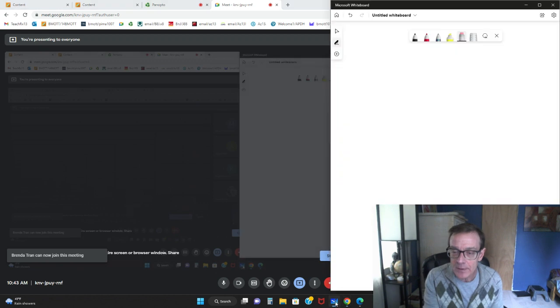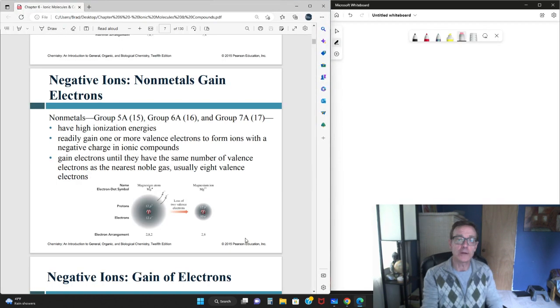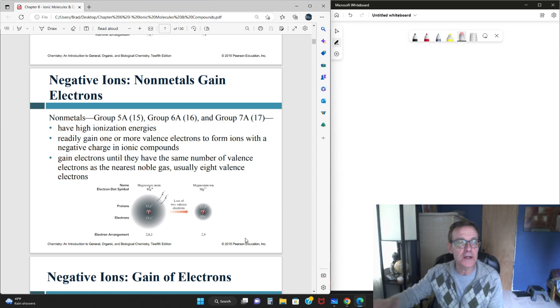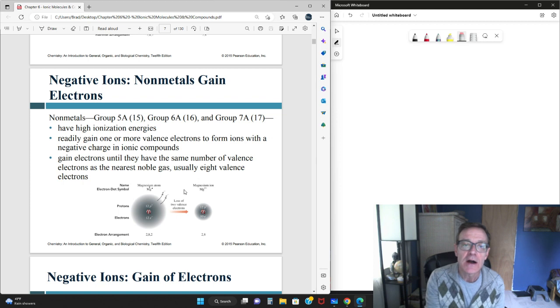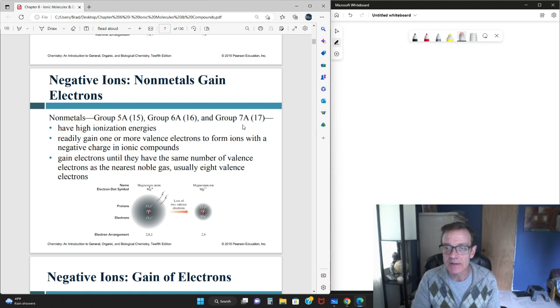We skip group 4 and go all the way to group 5A, 6A, and 7A, which have, by definition, 5 valence electrons, 6 valence electrons, and lastly, 7 valence electrons. Okay, 5, 6, and 7.